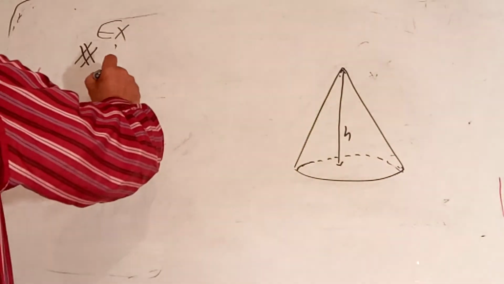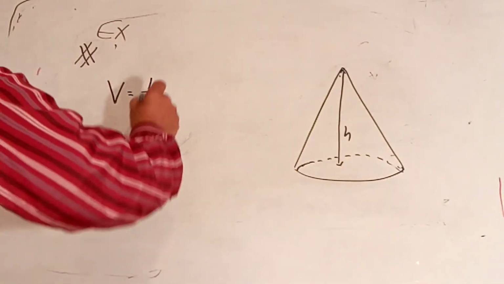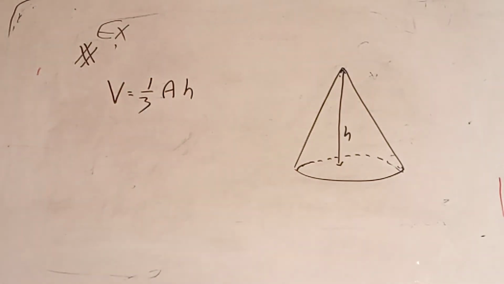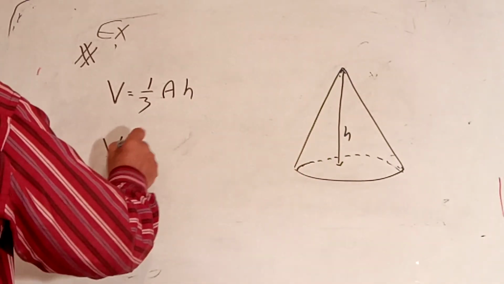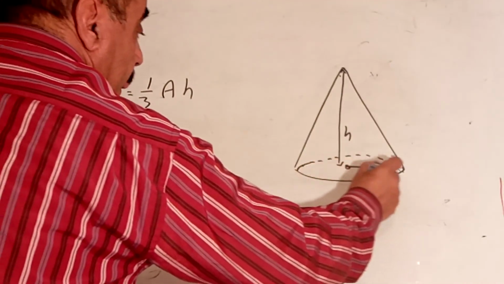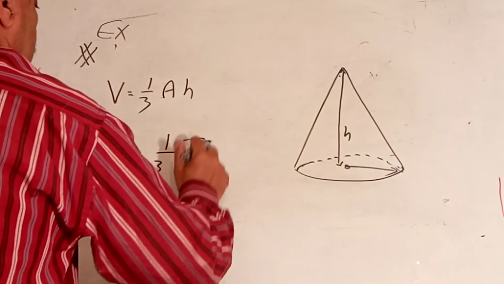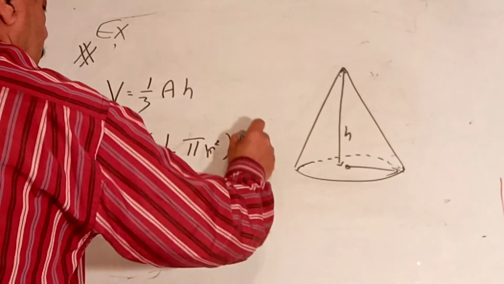So the same principle as the pyramid. Volume equals a third A H. What's the area of the circle? So volume equals 1/3 area, which is usually pi r squared. This is r, the radius, multiplied by h.